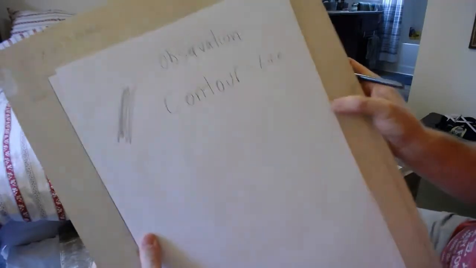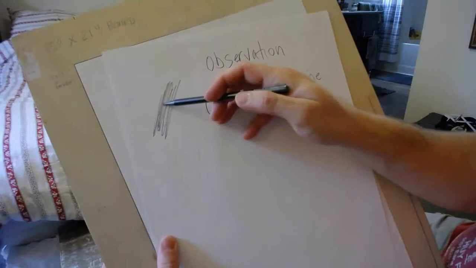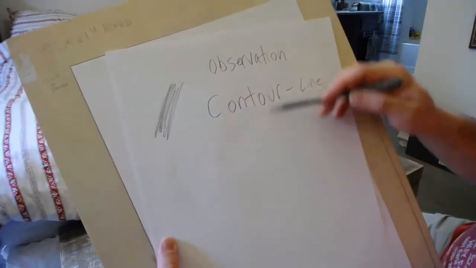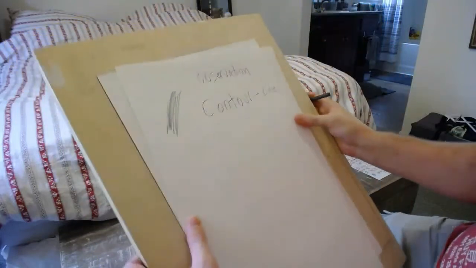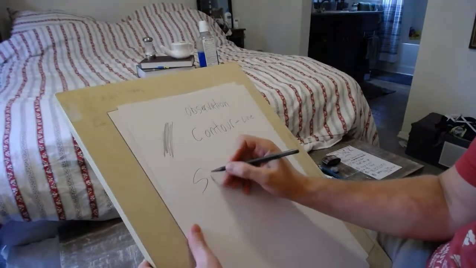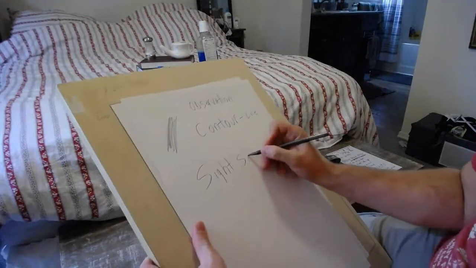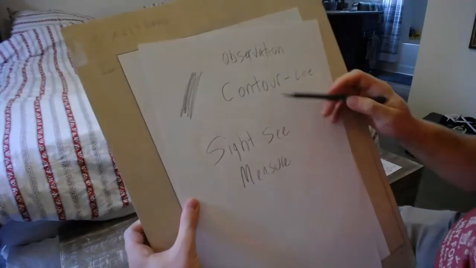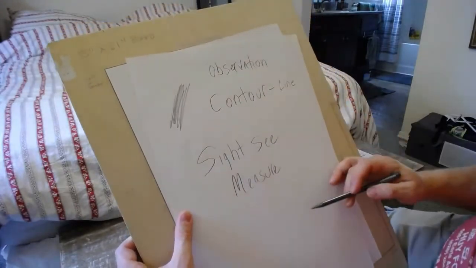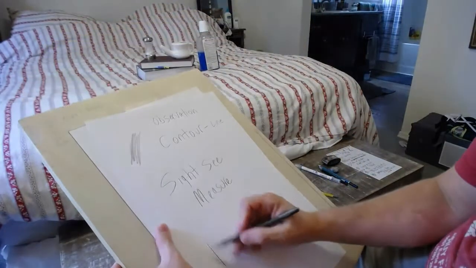We're not doing value yet. We're going to get to doing value, but we won't do it so messily. We're doing contour lines still, and we're practicing observation. Calling this the sight, see, measure. Also, it's sometimes called sight, see, measure process, or proportional.